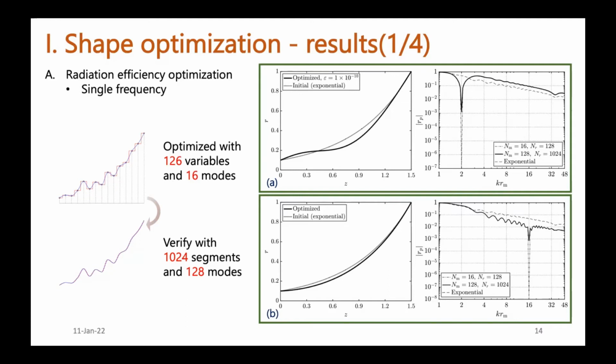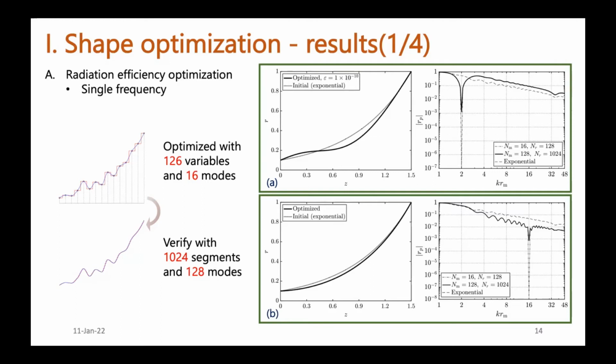So we need to check the result with a finer resolution, interpolating the optimized shape with 1000 segments and computing it with 128 modes.